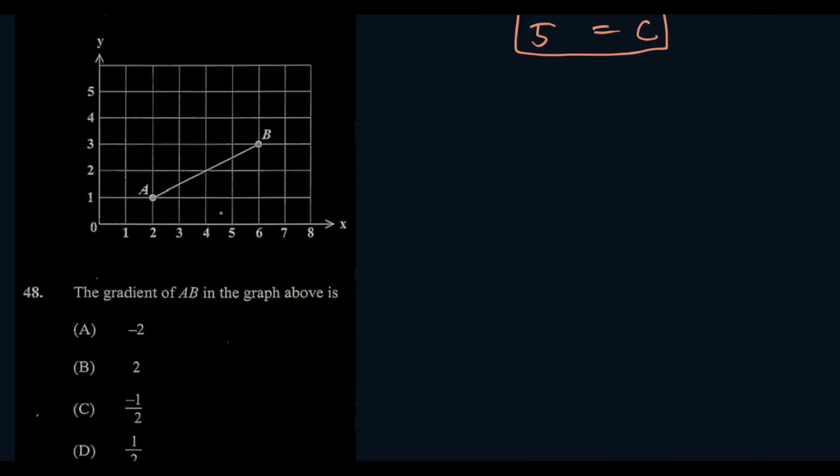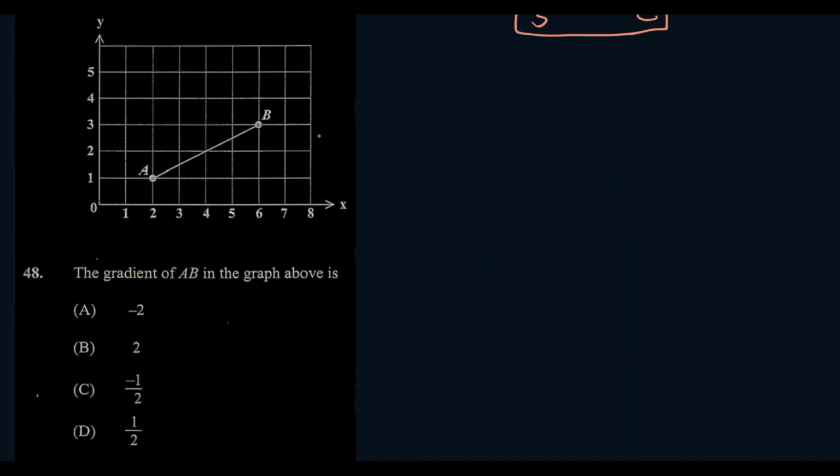All right, so this particular question wants us to find the gradient of AB. So let's get the coordinates of AB. Here would be 6, 3, and here would be 2, 1. So the gradient of a line is also known as y2 take away y1 over x2 take away x1. Now, what I have to do is label these.